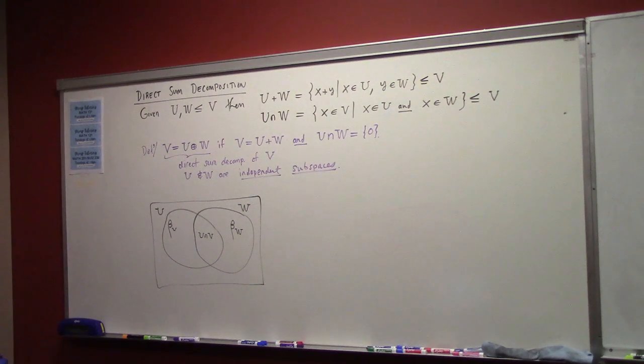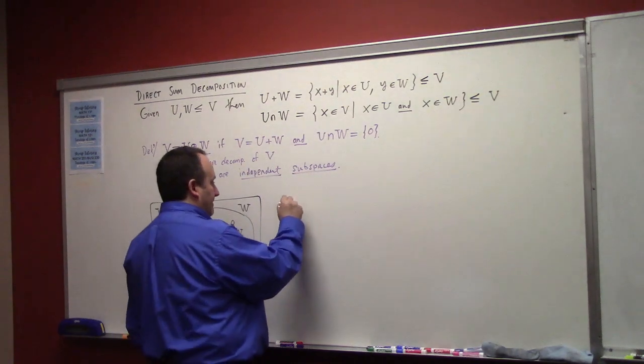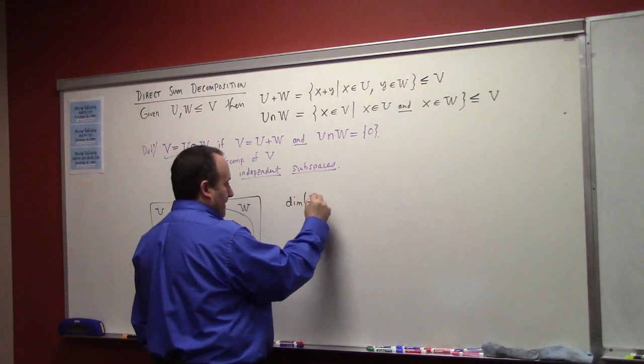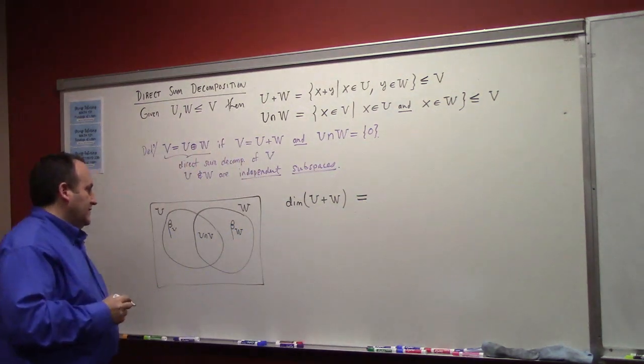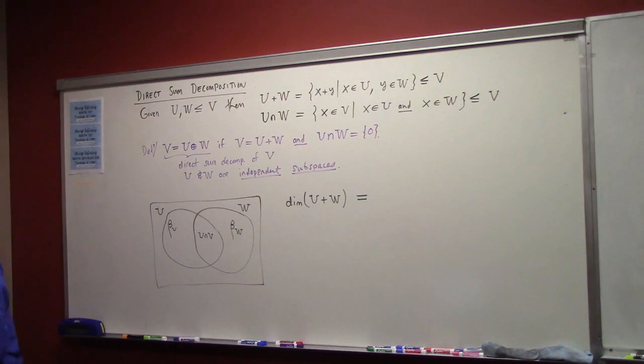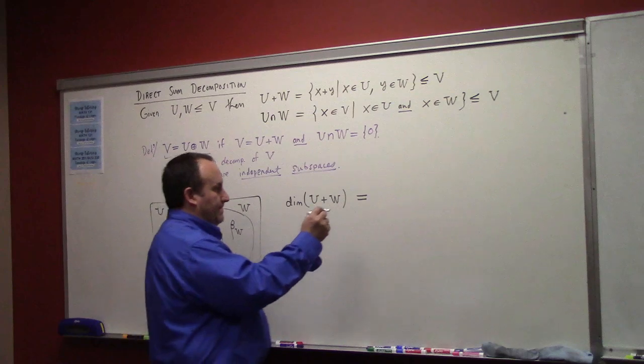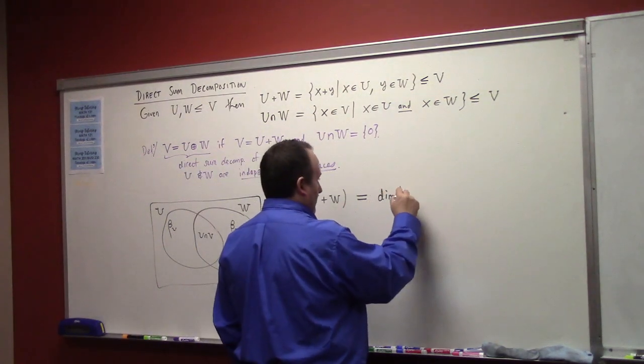So a natural question to ask is, how does the dimension for U plus W relate to the dimension of U and the dimension of W? Do you know? Will it be something like dimension of U plus dimension of W minus dimension of the intersection?